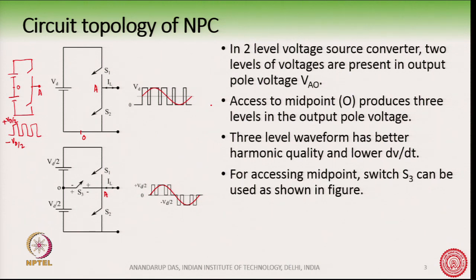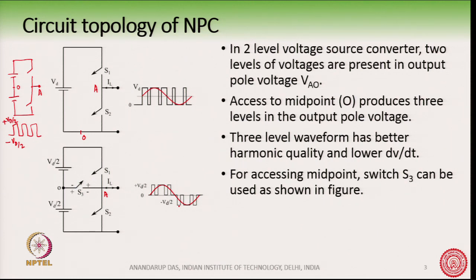In case of a 3-level inverter, however, this 0 point is actually present in the converter, it is physically accessible and used. Okay. So, this is a physical point inside the converter to which we have connected the switch S3.